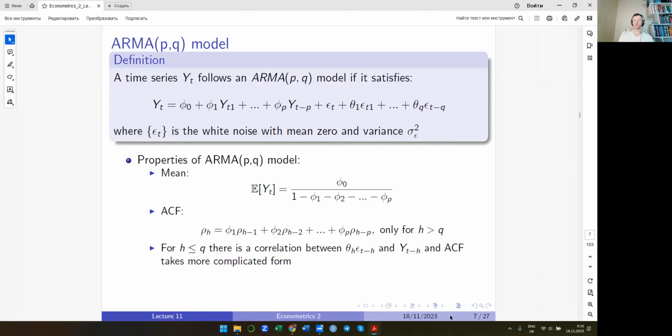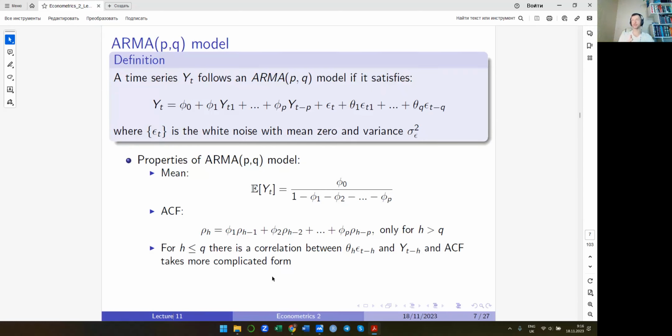So only for those parts where autocorrelation does not exist for the MA part. And for h less than or equal to q, the correlation is complicated because there is a combination of AR autocorrelation and MA autocorrelation. Therefore, I decided not to put this into slides because the formulas are kind of nightmares.